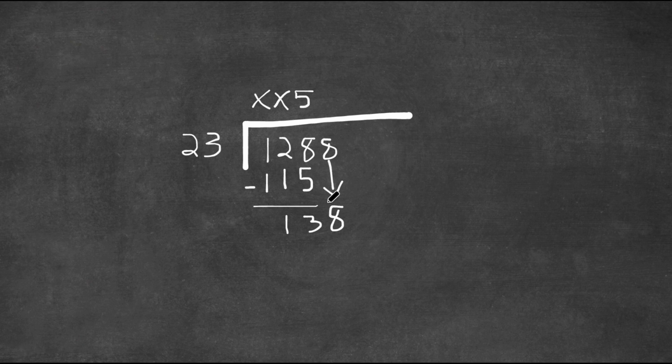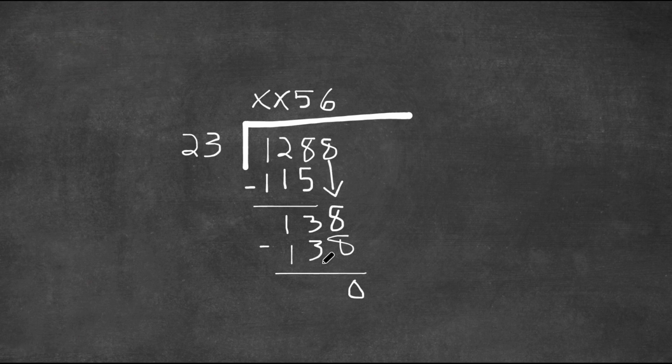And the answer to this is 6, because 138 divided by 23 is 6. And now let's check our work. 23 times 6, that's 138. And when we subtract these, we have 0. That means that we did this problem correctly and we have no remainders.